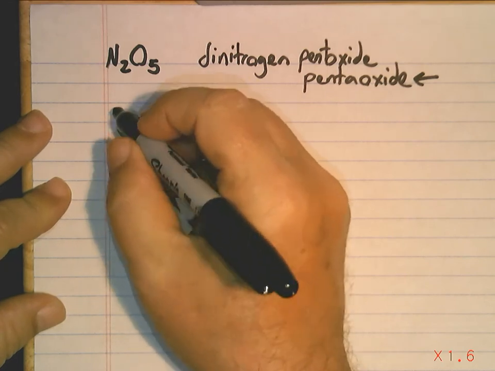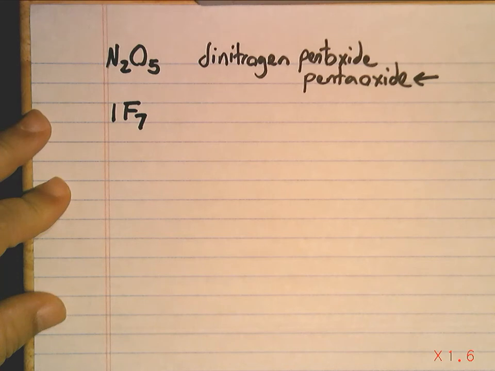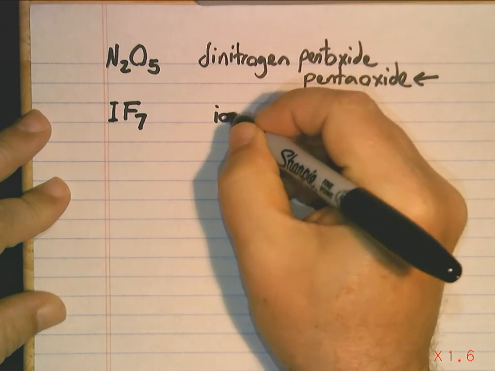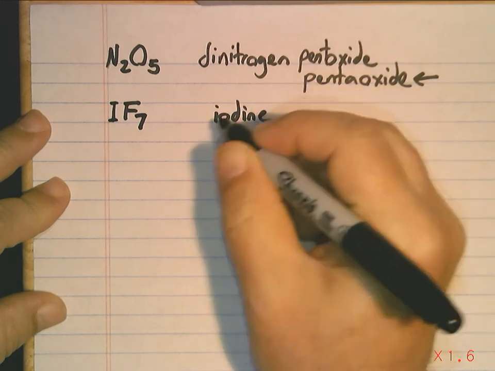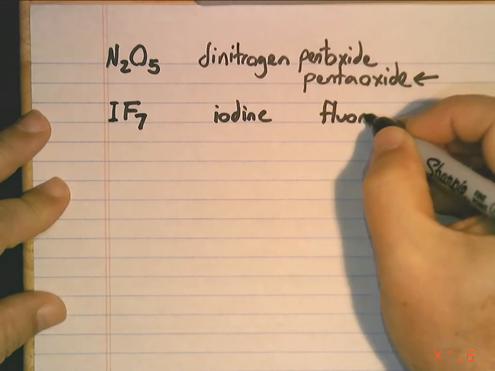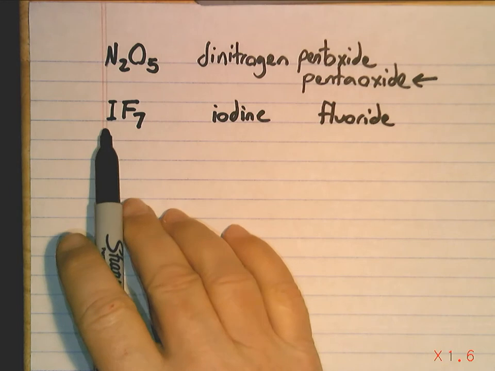How about this one? Okay, that I there, that's an I, is iodine, and then the second element is fluorine, so that would be fluoride. Now we want to look at the prefixes we need.